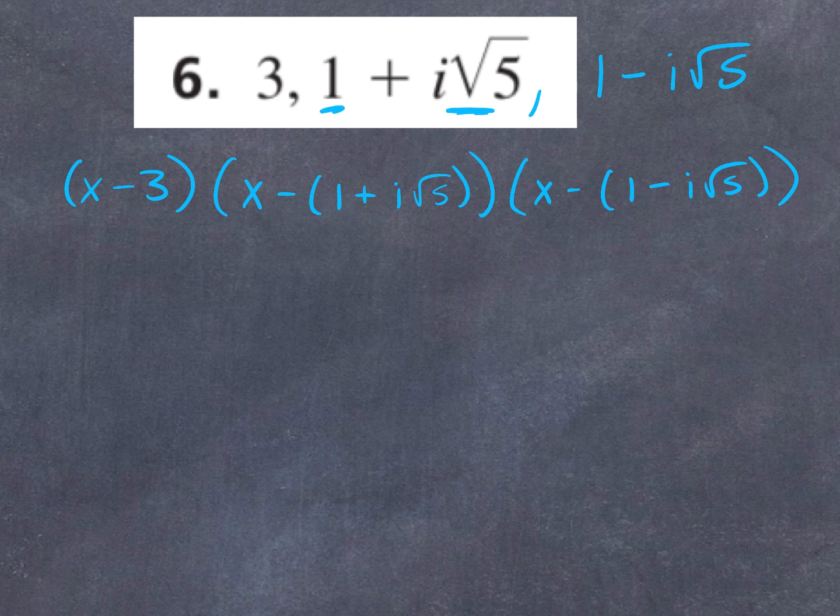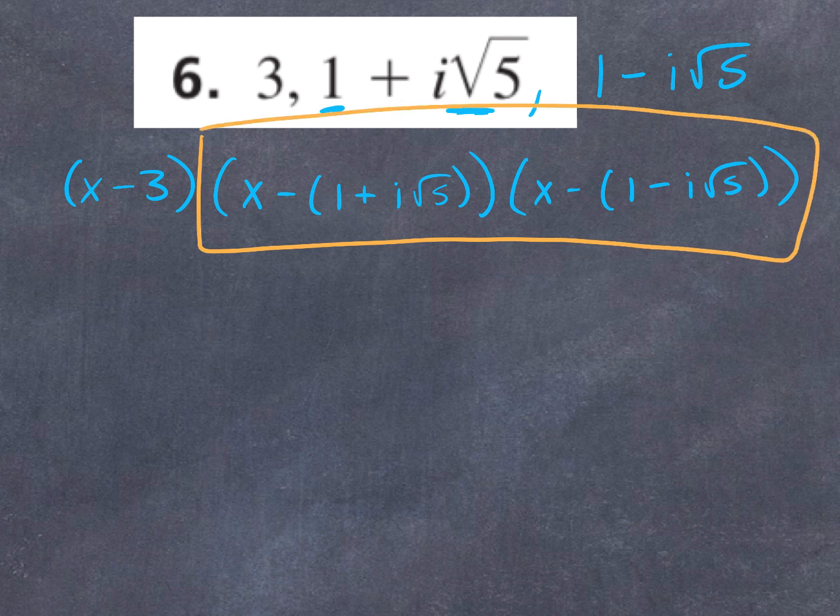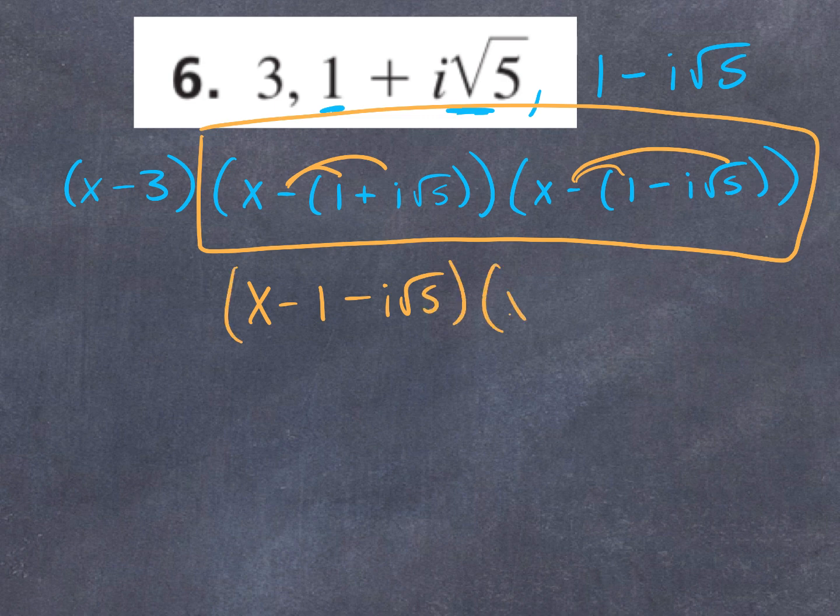Because what do I have to do next? Distribute the negative. So I'm going to FOIL out my 2 conjugates here and distribute the negative first. So this will be x minus 1 minus i square root 5 and x minus 1 plus i square root 5.